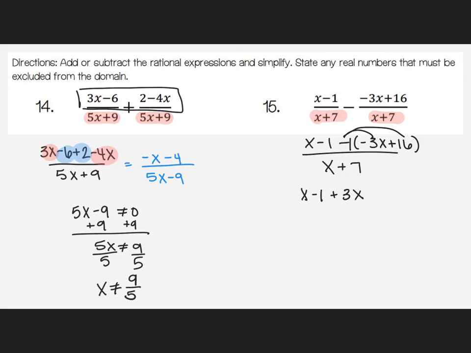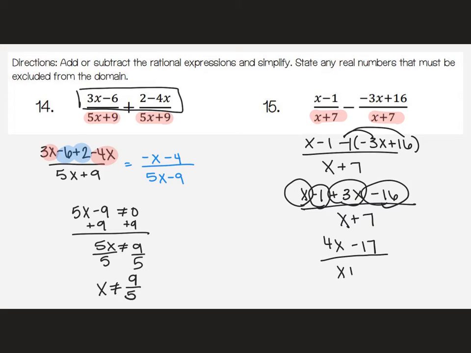Negative 1 times 16 is negative 16. After you distribute, you can combine any like terms, so x plus 3x, negative 1 minus 16. I can't simplify any further, so state any restrictions. In the denominator, x cannot equal negative 7.